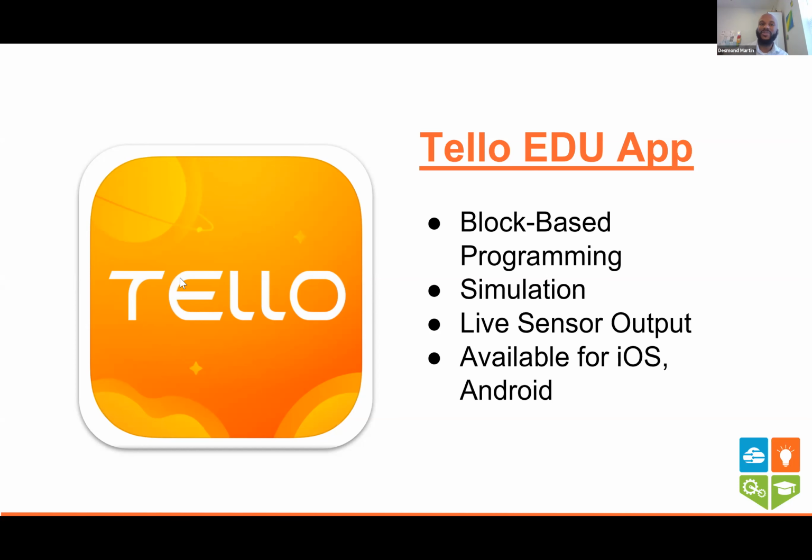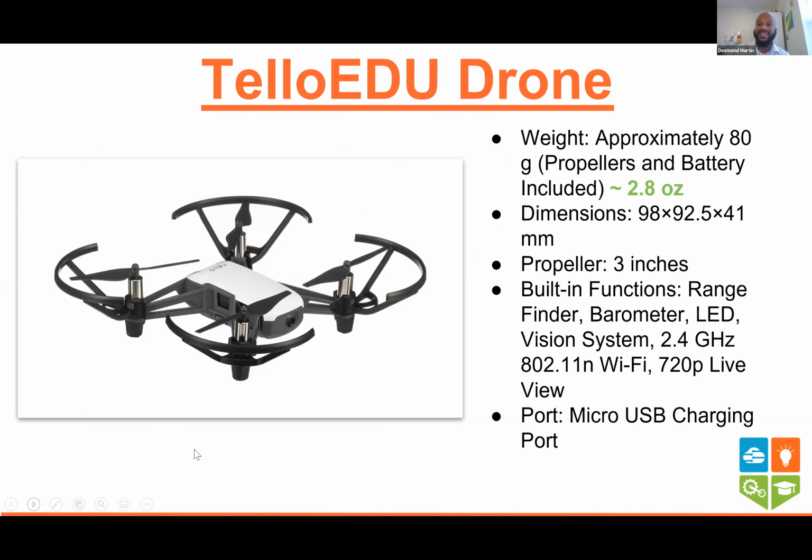But what we don't talk about very often is the actual physical drone that we use to fly, which is the TelloEDU drone. This drone is easily, by far, the best drone at its size for being able to fly. And I would literally have this drone take the Pepsi challenge with any other drone in the size and price category.